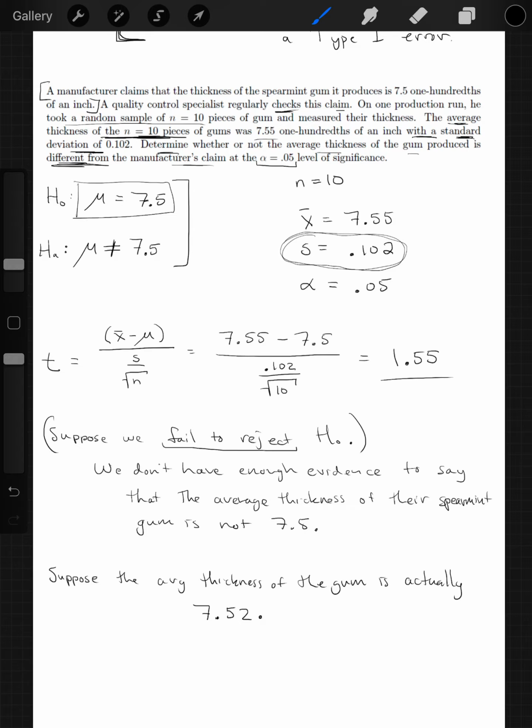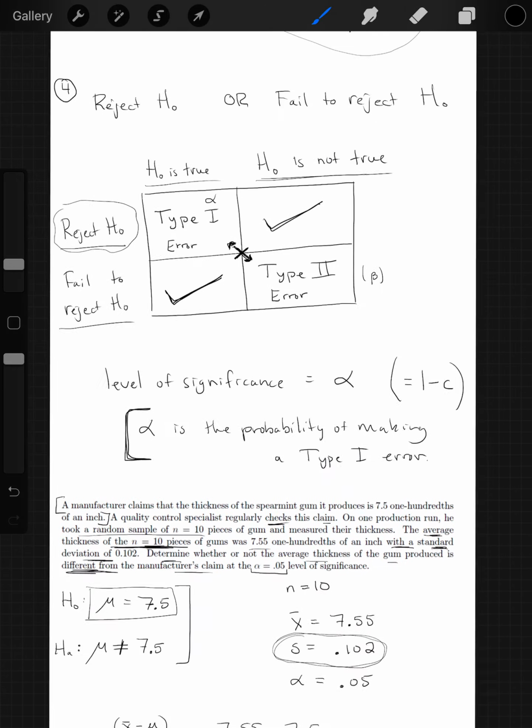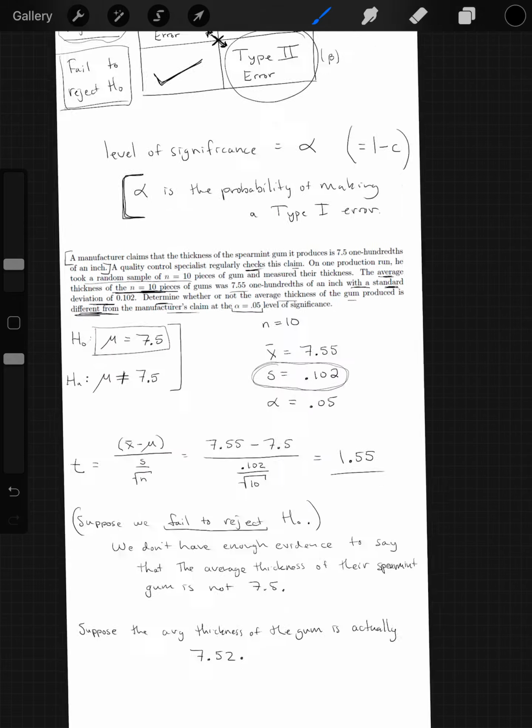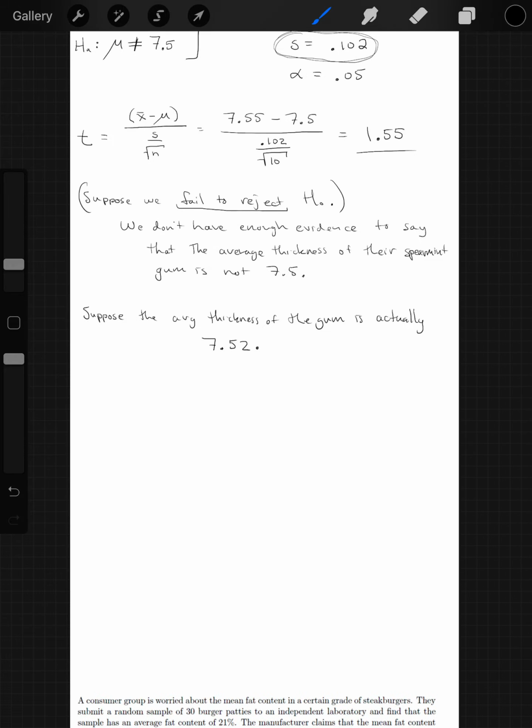So in this case, we failed to reject H naught, right? But it turns out that H naught wasn't true, right? So if we go back to our chart, we failed to reject H naught, but it turns out H naught was not true. So we committed a type 2 error.